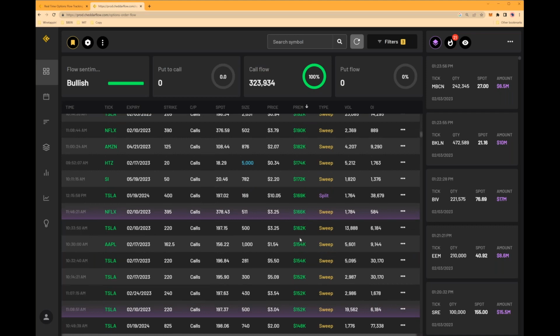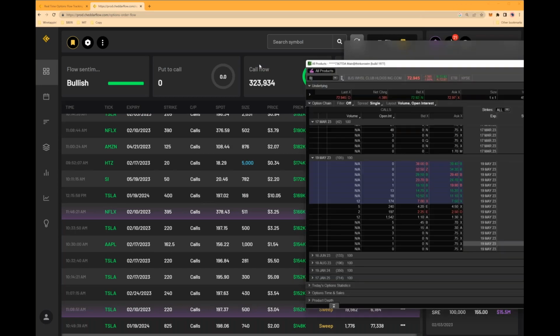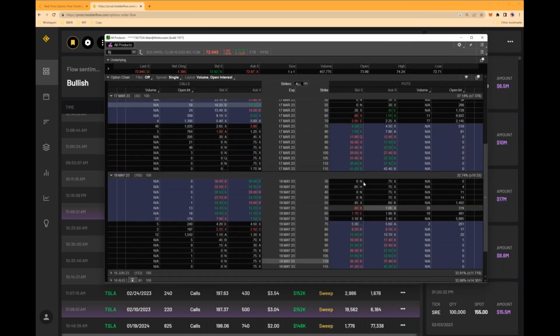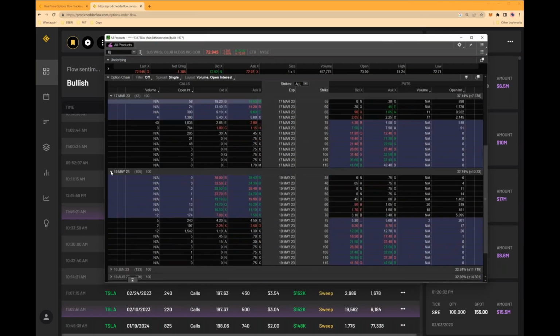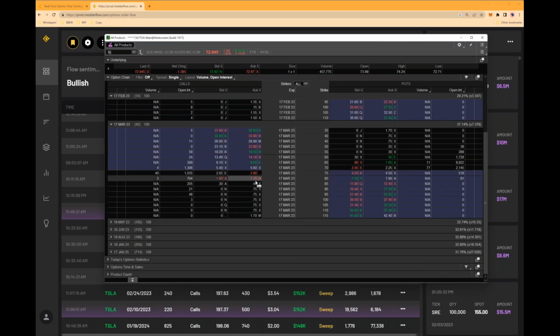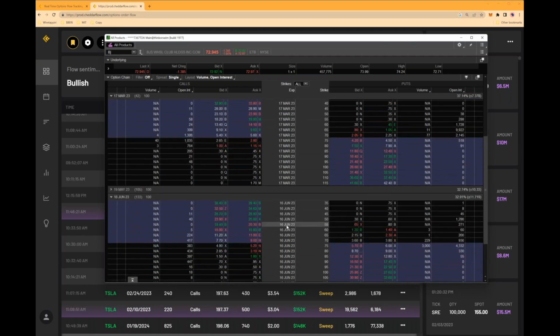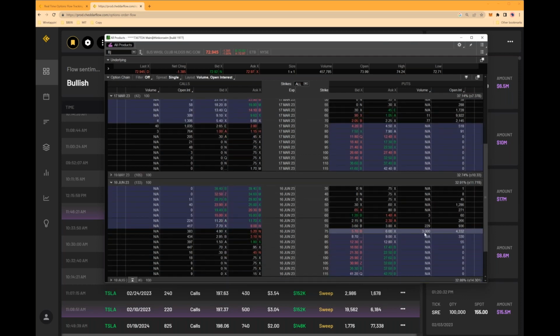For those who have taken our unusual options activity course, you need to find the actual trade that was done, find the timestamp of when that trade was done, look at the behavior of the stock, and try to interpret if it was a bullish or bearish trade, if they were buying volatility or selling volatility.